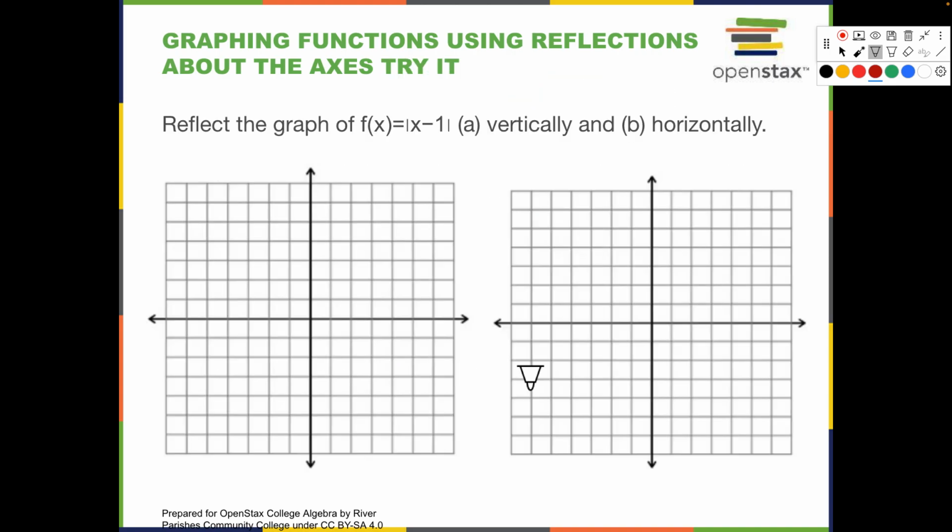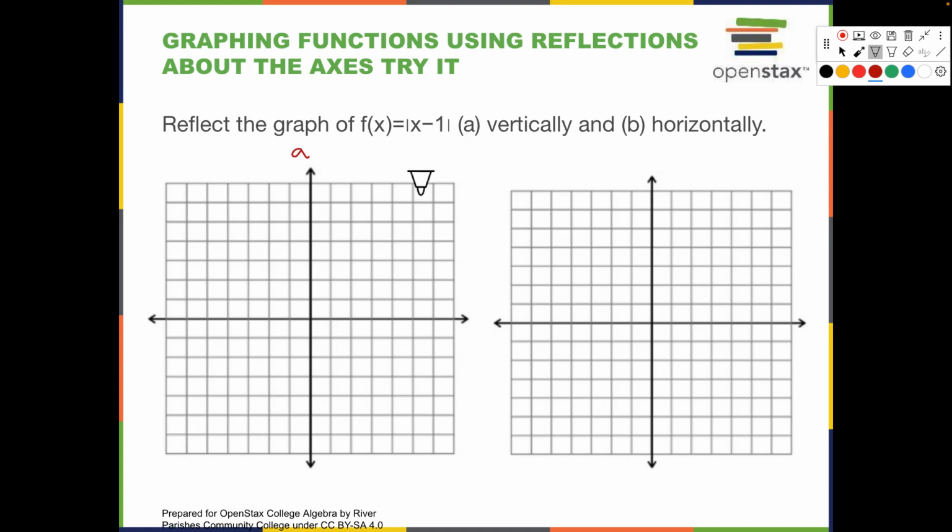Okay, so now we're given this graph that we're asked to reflect vertically and horizontally. So we'll do this one. First we'll draw this graph. Remember, absolute value with -1. Where's the vertex of this going to be? Well, if it was absolute value of x, it'd be at 0, 0.